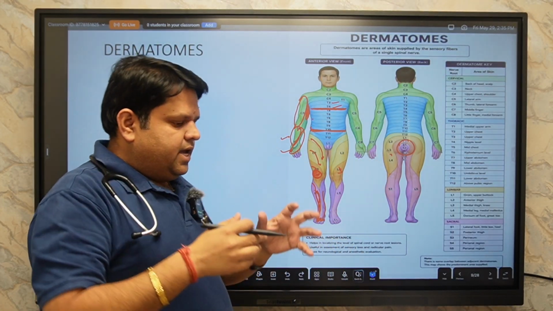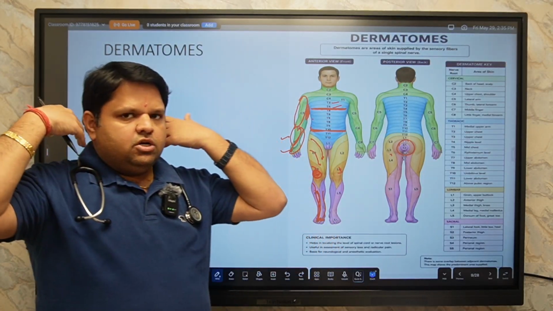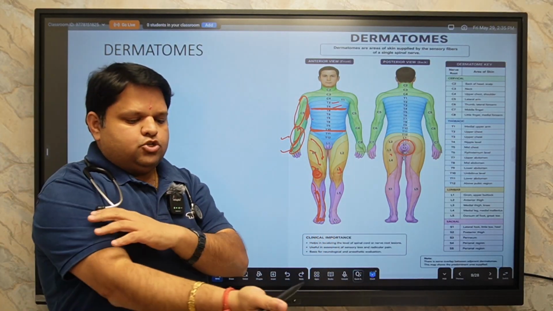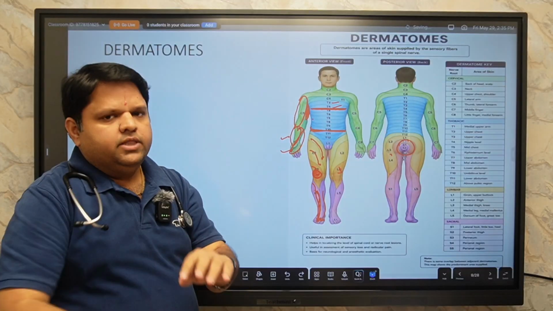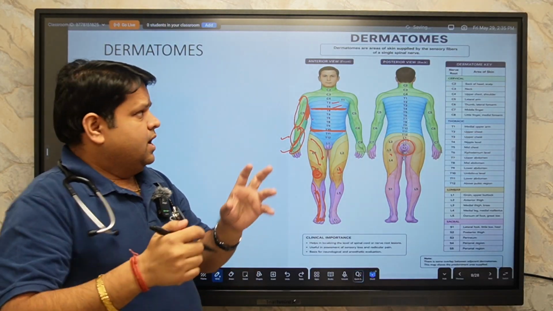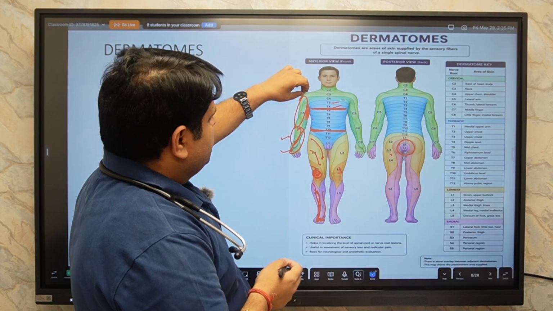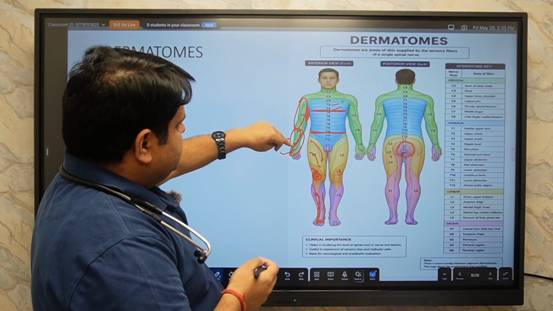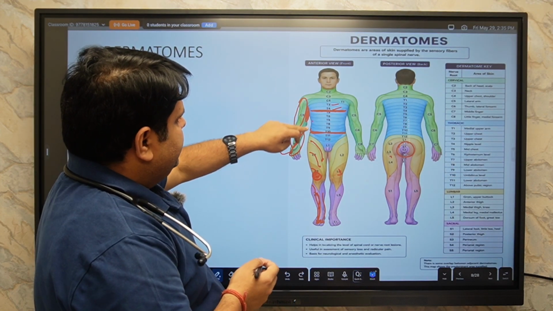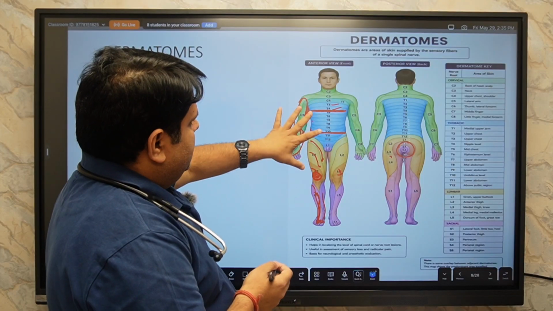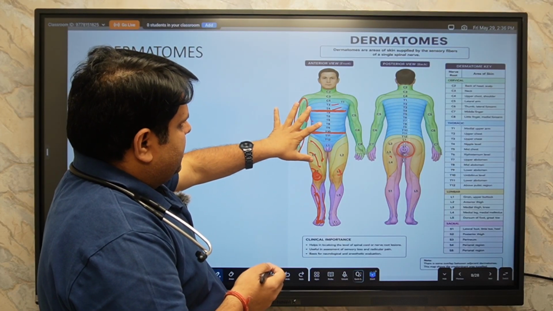So this is basically the dermatomal pattern: each root that arises supplies a definite part of the body. There is some overlap between the dermatomes, but C2, C3, C4 usually supply the nape of the neck or around the neck. C5, C6, C7, C8 and T1 usually supply the upper limb up to the upper arm.